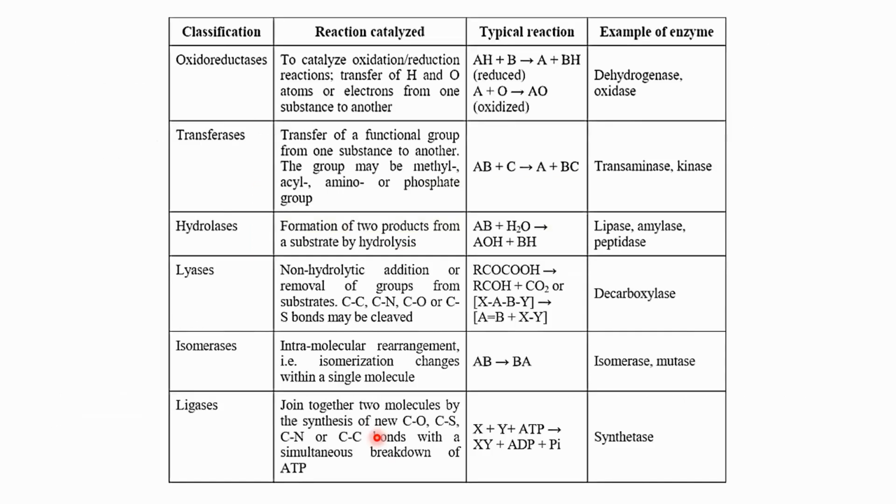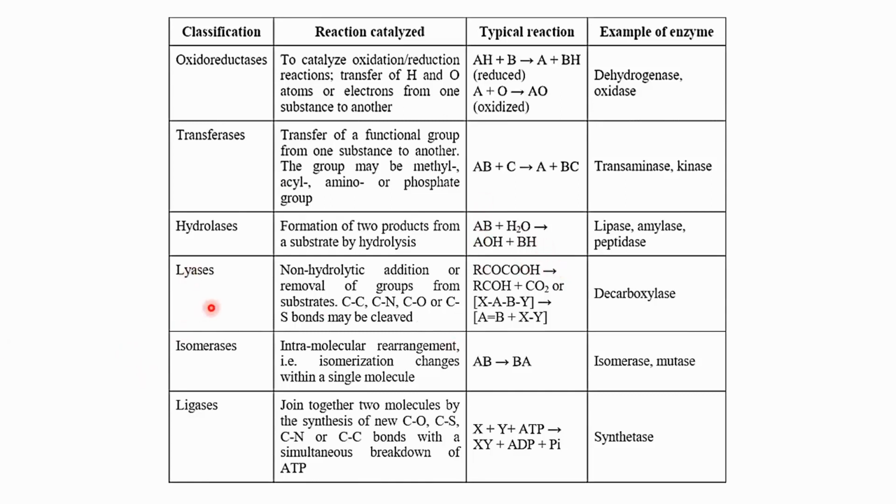This table shows the classification of the different enzymes under the six different classes, which were oxidoreductases, transferases, hydrolases. As we can see, in the presence of water, the bond is breaking between A and B, and two different molecules are formed.